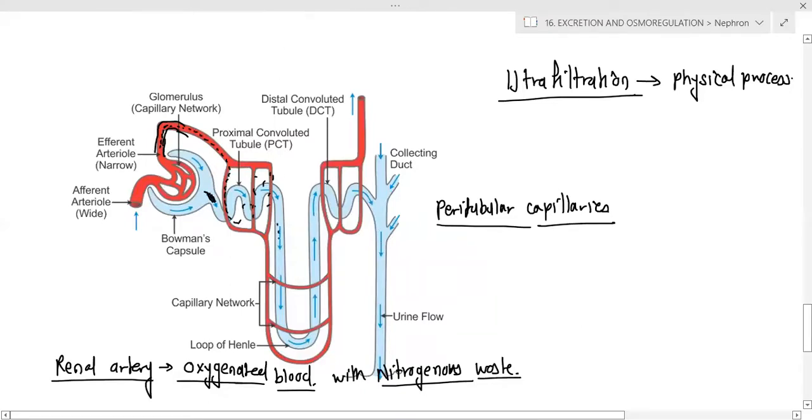Renal tubule and renal capsule are different. This space is the capsular space. The capsular space is this space, and this is the renal tubule from here to here.